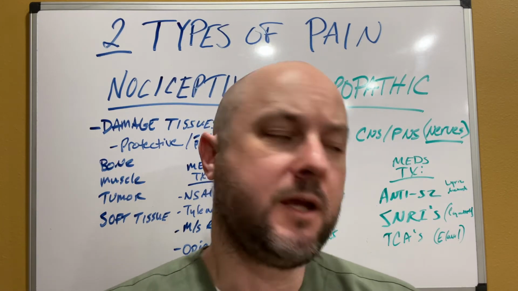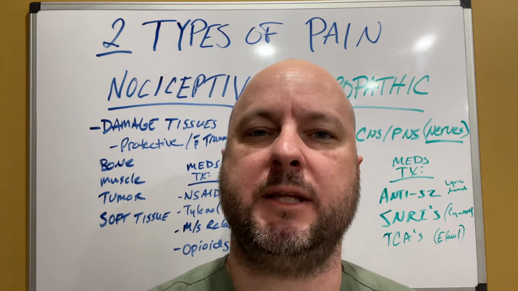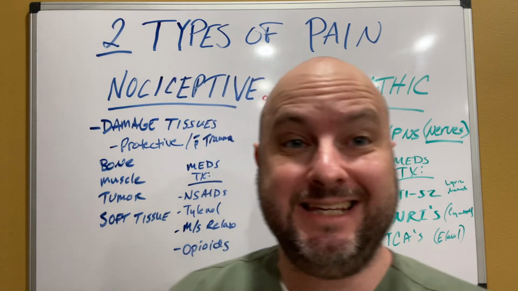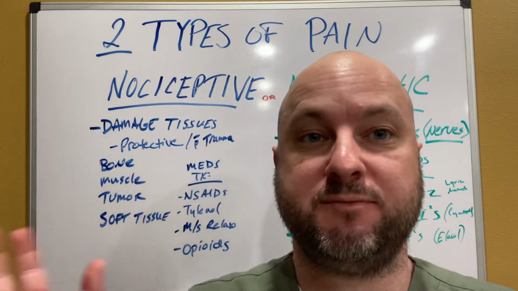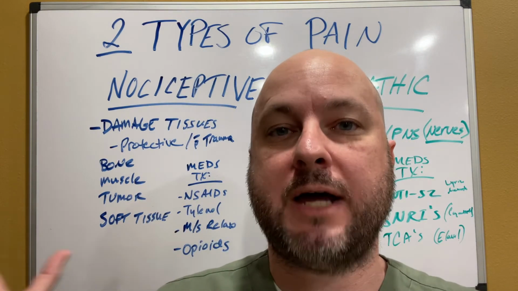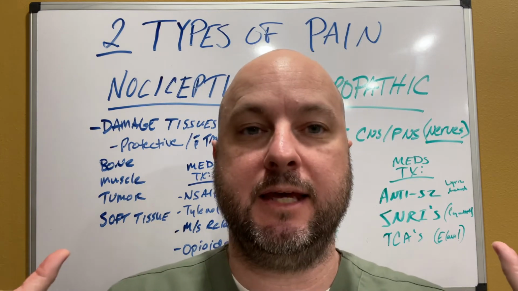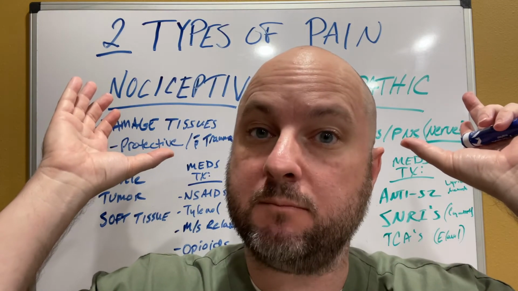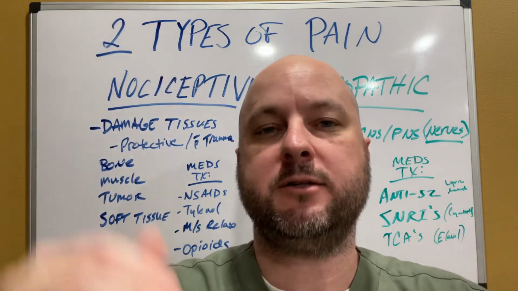And in the older models, the tricyclic antidepressants, Elavil, amitriptyline, those are used too. So as you can see, compare and contrast, the different types of medications are tailored to the particular type of pain that you're having. And to complicate things, a lot of times people can have both going on at the same time. That's why I talked about multimodal therapy earlier.